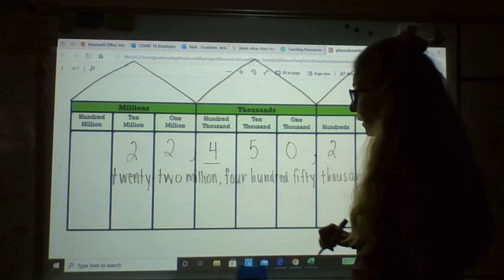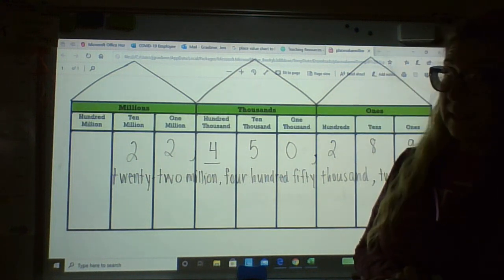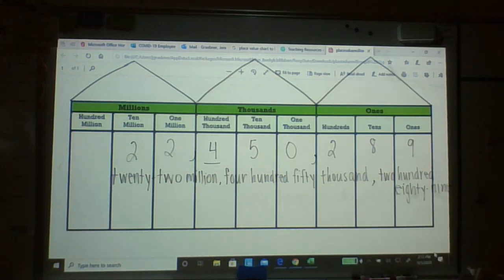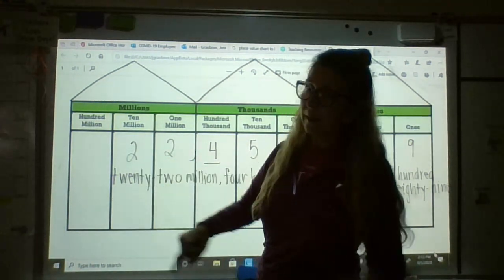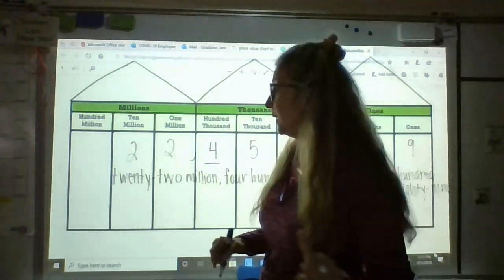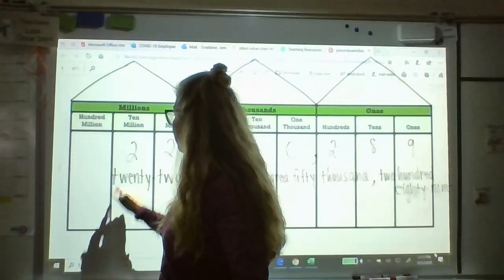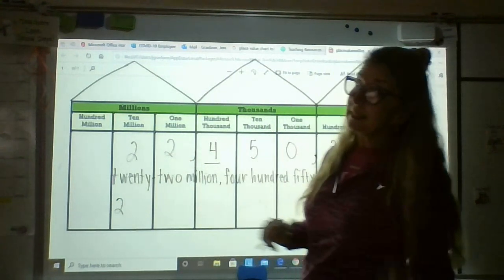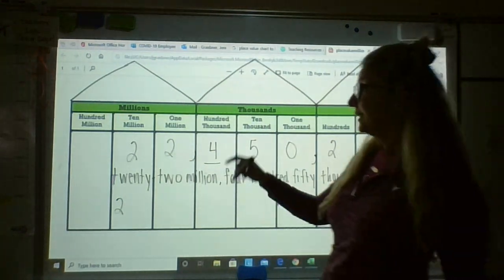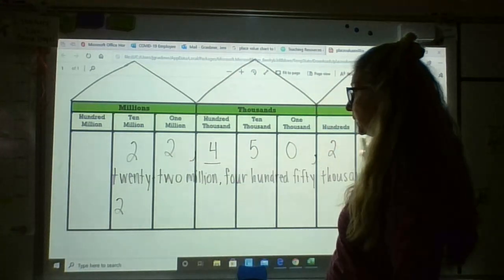That was. Okay, so now I'm gonna break it down into my expanded form. I'm gonna start with my 10 million. So here's a little trick that you can try. If you bring down your first two, and you don't know how many zeros you need, you can count the rest of the place values.